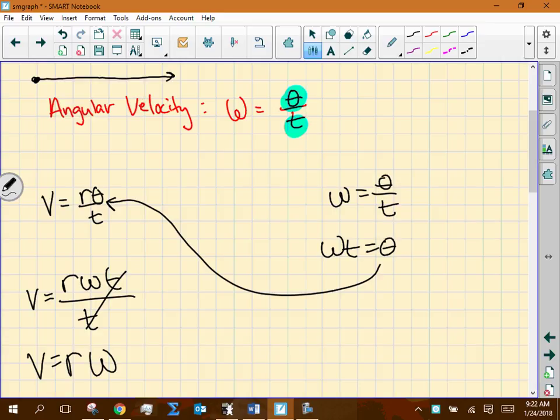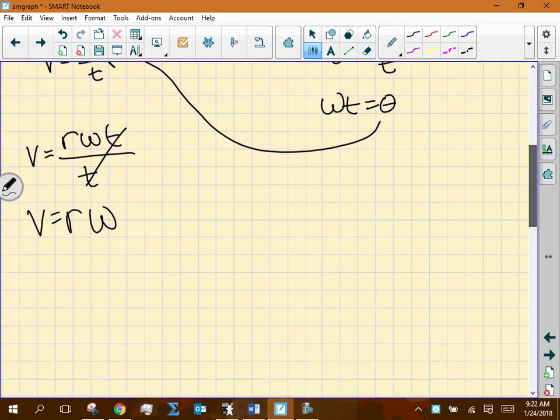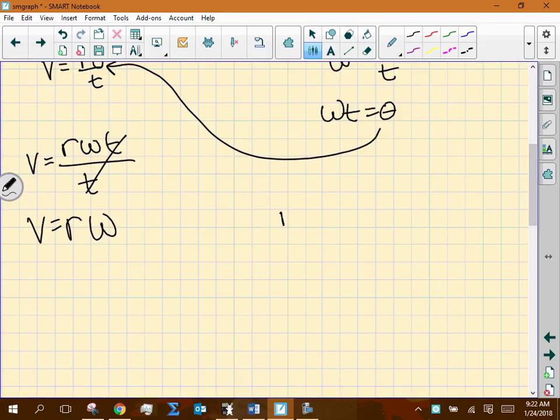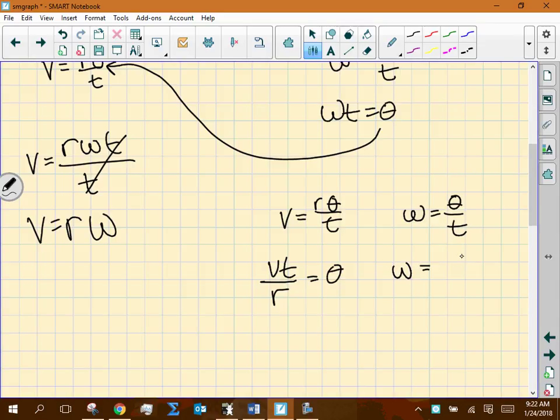Is that all right? I think yesterday we did it this way. We said V is equal to r theta over t, and omega is equal to theta over t. I went Vt over r is equal to theta. Plug that in here for theta, and you get omega is equal to Vt over r divided by t over 1.